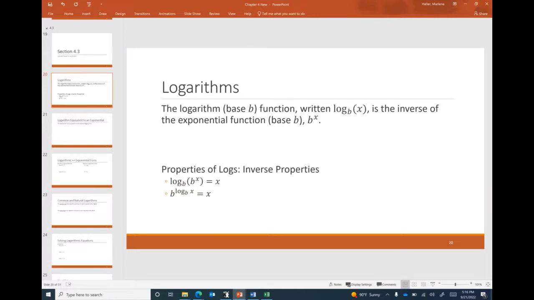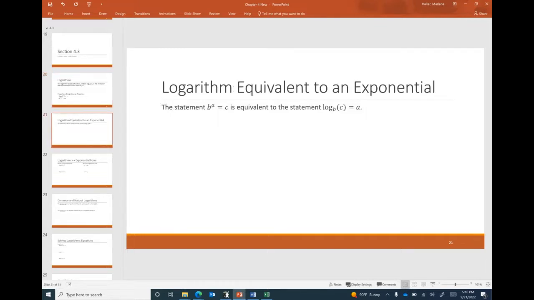We can write any logarithmic equation as an exponential equation and vice versa. If we have some equation b to the a equals c, it's equivalent. It's absolutely the same as writing log base b of c equals a.